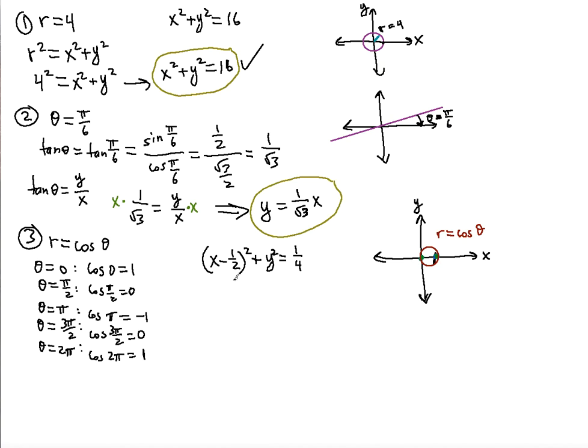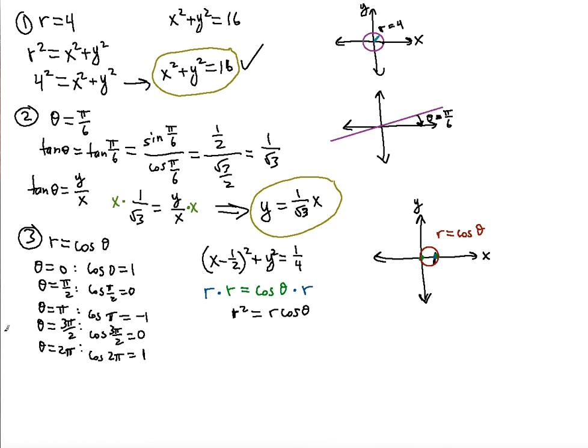So now we can write the original, r = cos θ. Notice that you can multiply both sides by r. Multiplying by r, you will get r² = r cos θ. Now remember the famous substitution r² = x² + y²?